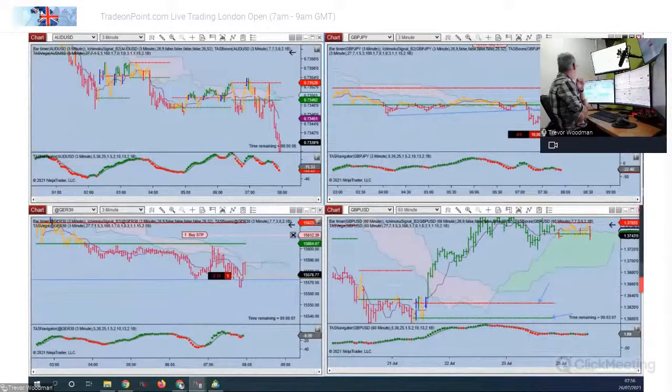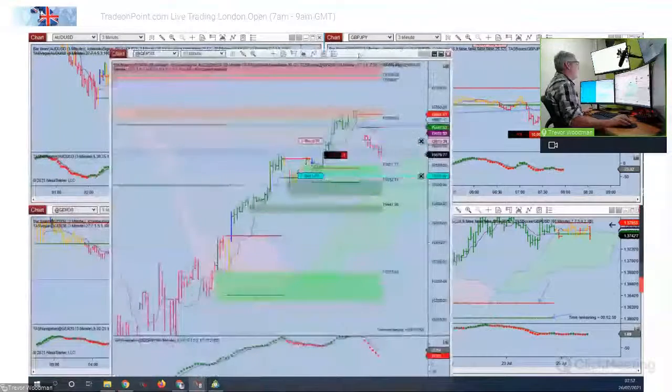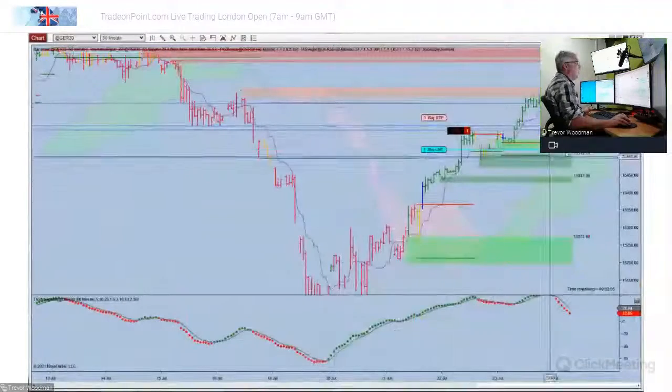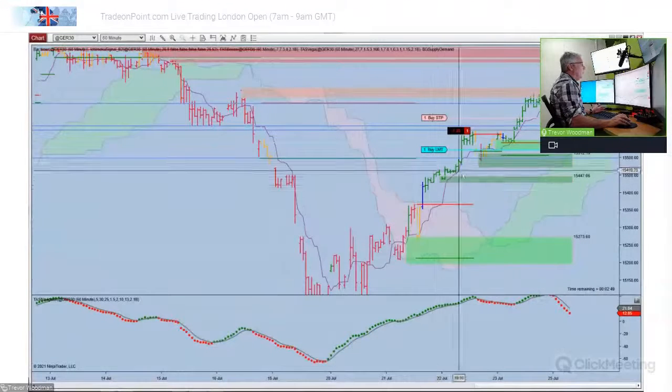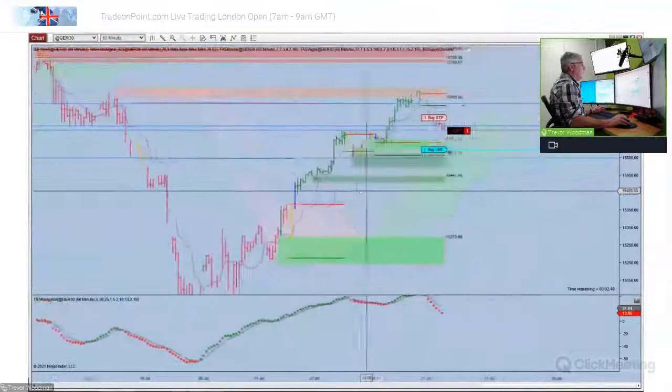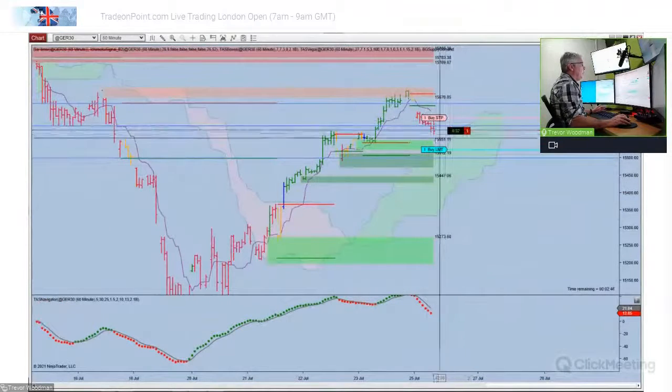I did want to show you the 1 hour chart there as well. So this is the 1 hour chart. Again, that's the D30. So you can see here we're going, there we go.